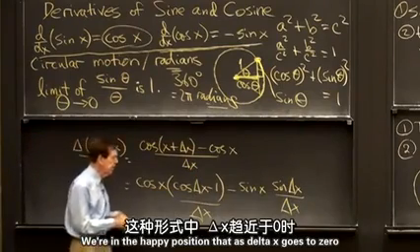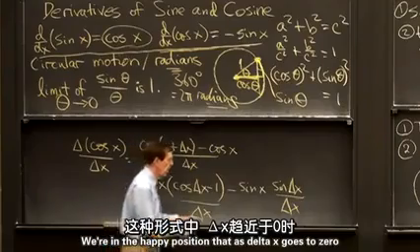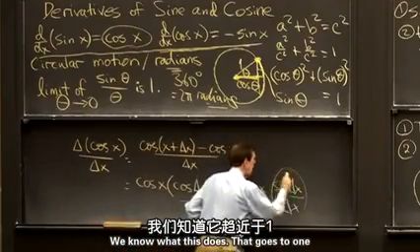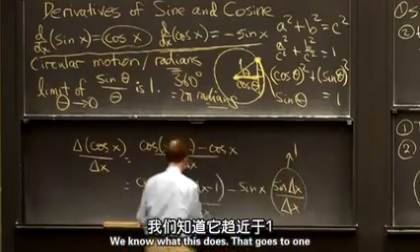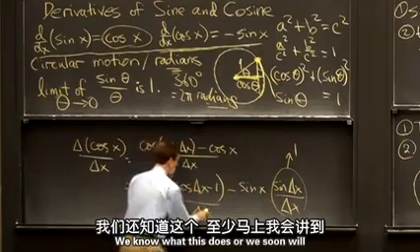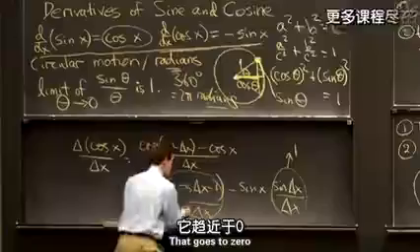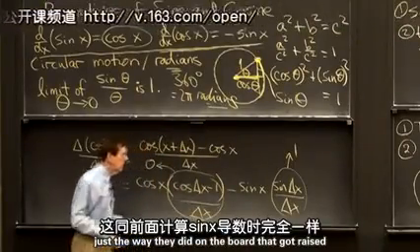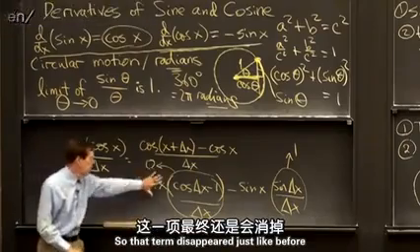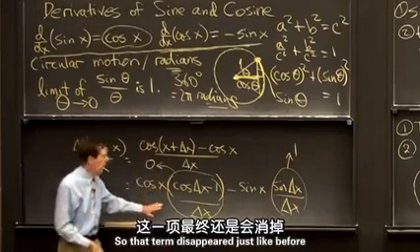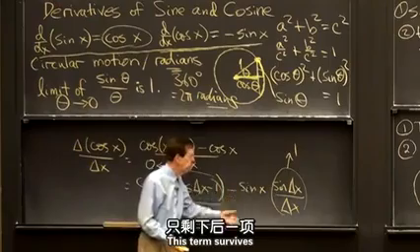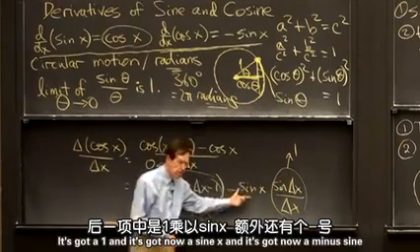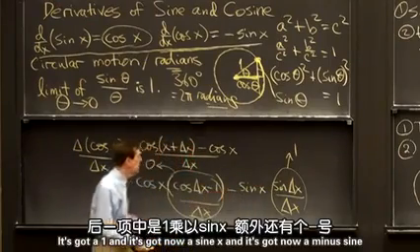As delta x goes to 0, we know what this does. That goes to 1. We know what this does, or we soon will. That goes to 0, just the way they did on the board that got raised. So that term disappeared just like before. This term survives. It's got a 1, it's got now a sine x, and it's got now a minus sign.